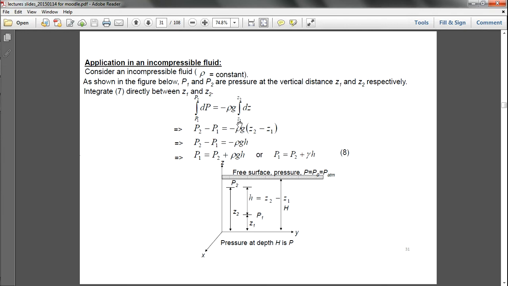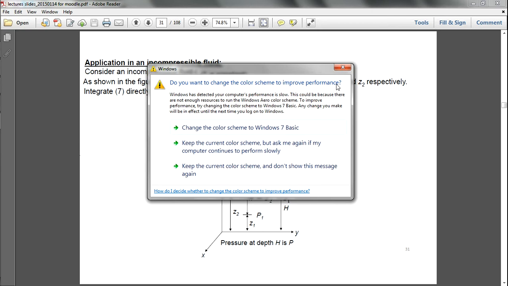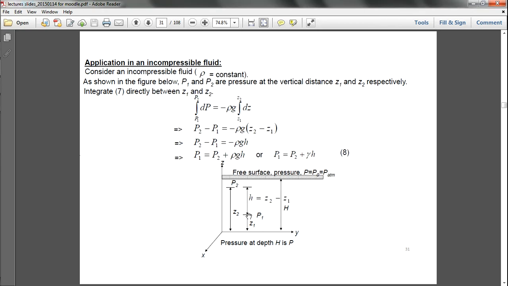The reason is, from z1 to z2 is from this position to this position, and z1 and z2 are measured from a datum point, at the seabed itself, I would say. So z1 to z2 means there is an interval from this position to this position.